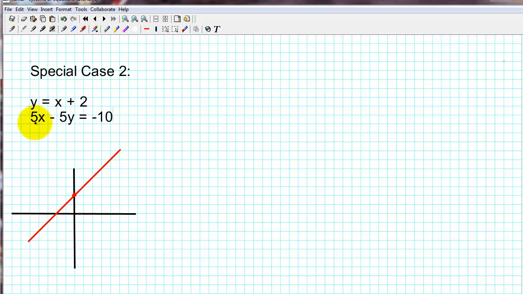We have an x-intercept at 5 divided by negative 10, at negative 2. And we have a y-intercept at negative 10 divided by negative 5, positive 2. And look what just happened. We have the same line. So the two lines are on top of each other.